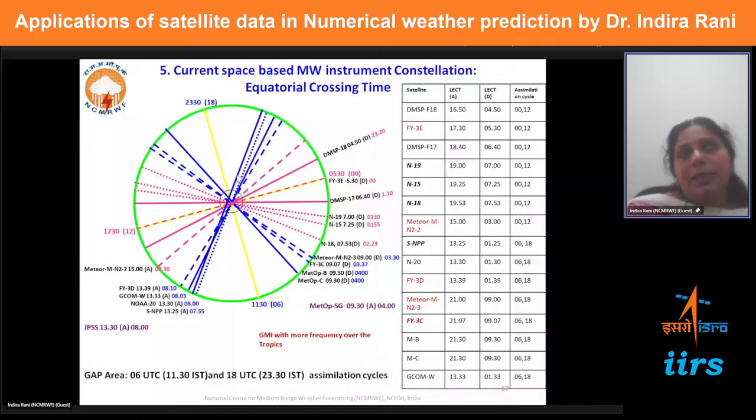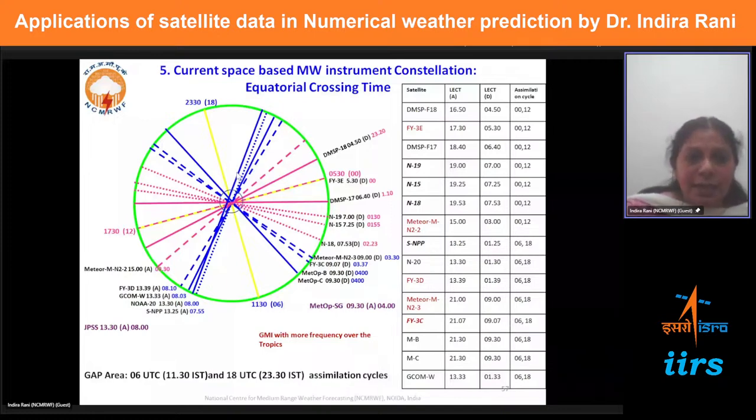For 0 UTC, the assimilation window is plus or minus 3 hours, so we take observations from 21 UTC of the previous day to 3 UTC of the current day. We need the satellite equator crossing time to fall within these 6 hours, so that we can assimilate the data in the respective assimilation cycle.